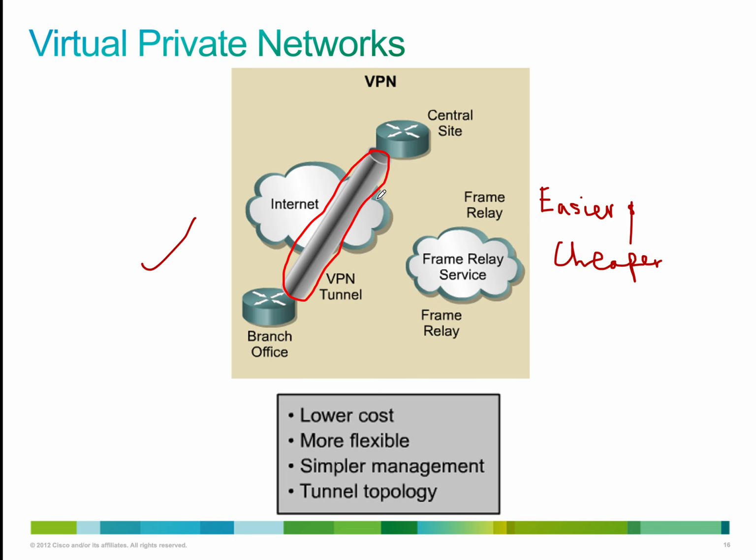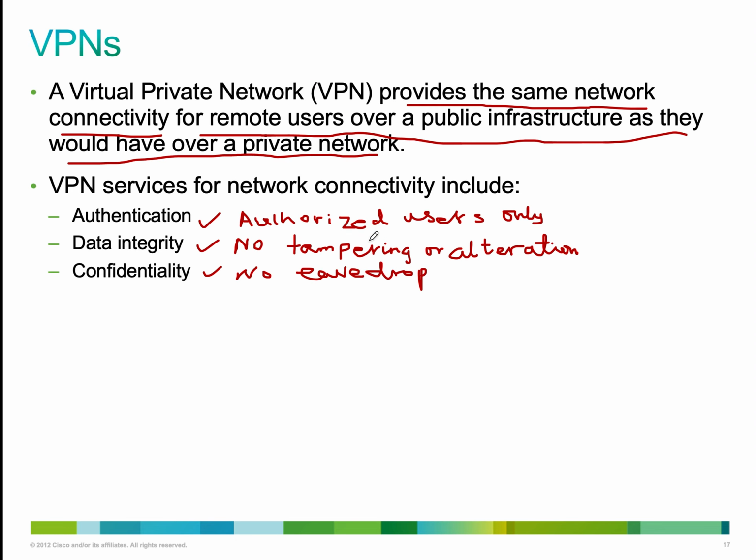It gives you the same thing, but cheaper and easier to control and manage. So a VPN provides network connectivity for remote users over public infrastructure, and has the advantage as if you are private.